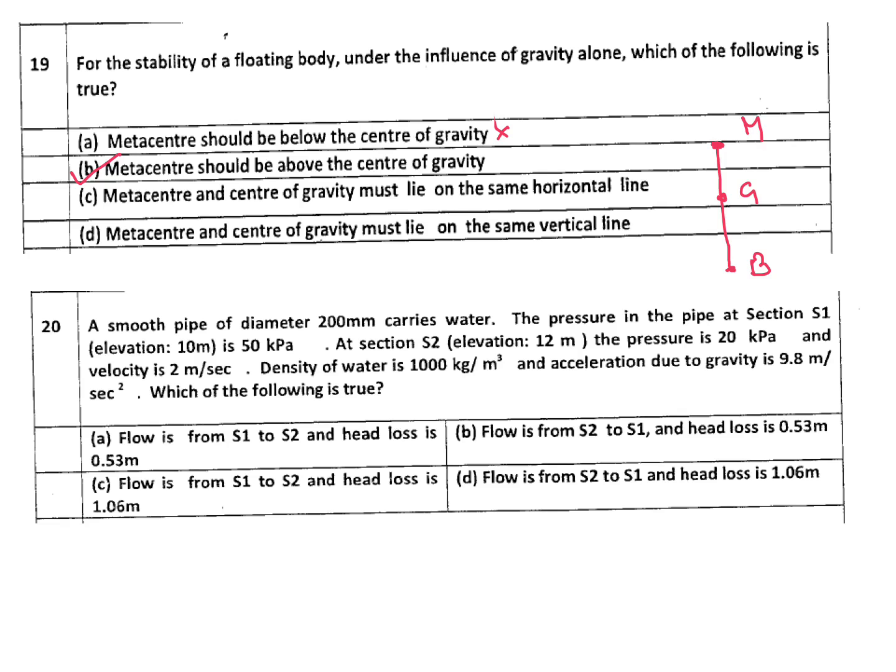So here we will apply Bernoulli's equation. Pipe of same diameter, so D equal to 200 mm, D1 equal to D2. At section 1, elevation Z1 is 10 meter, pressure P1 is 50 into 10 to the power 3 Newton per meter square.